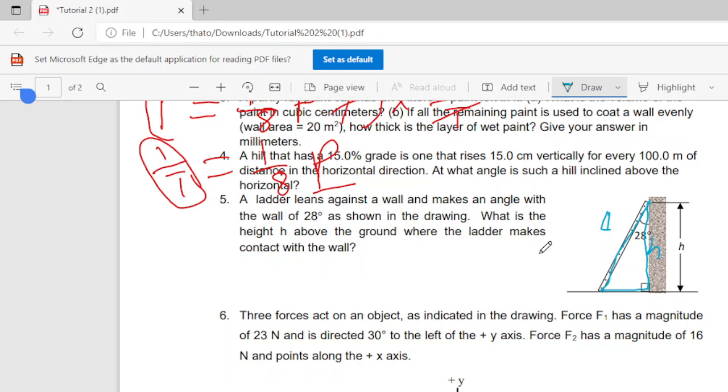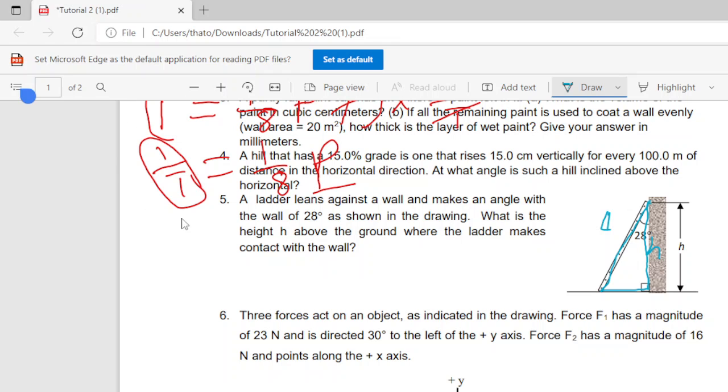Now which trigonometric ratios have both the ladder and h, because those are the two pieces of information that we have. Nothing was said about the ground.